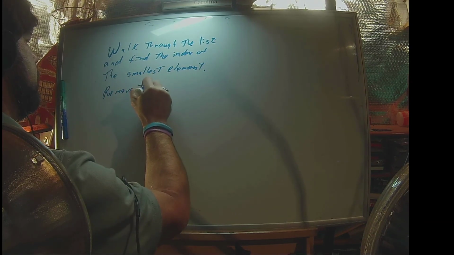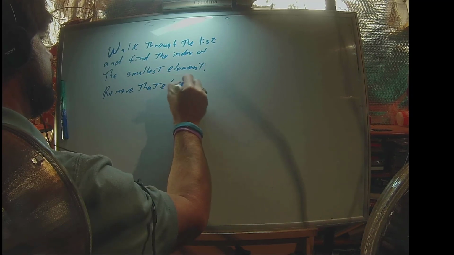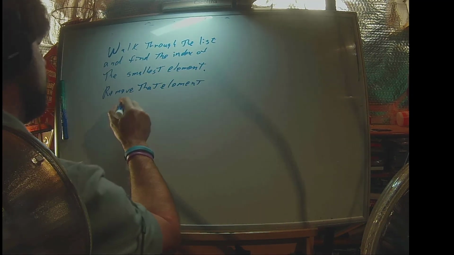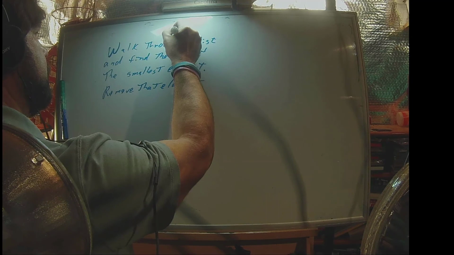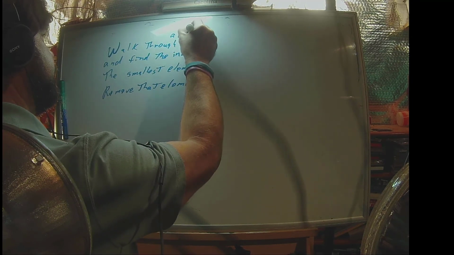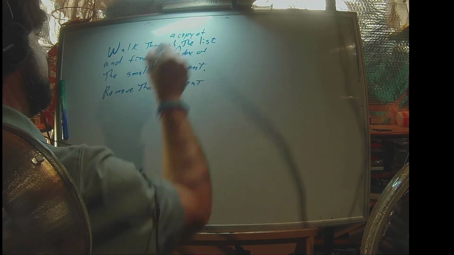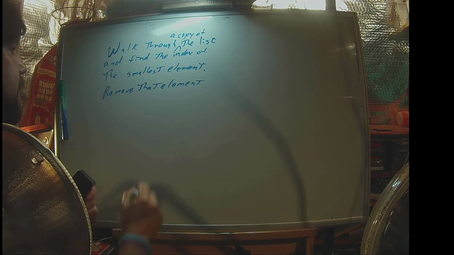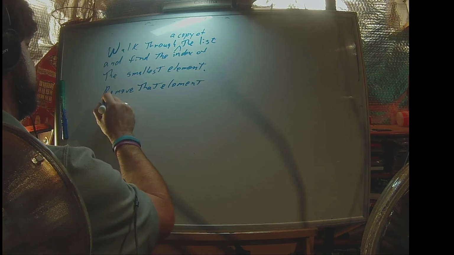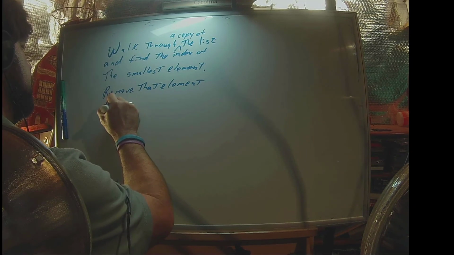Remove that element. So we'll just say walk through a copy of the list and find the index of the smallest element. Remove that element from the copy.